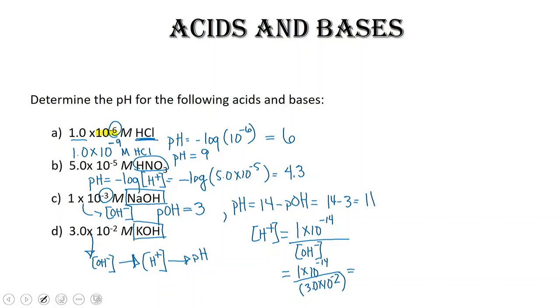What we get here is 3.33 times 10 to the minus 13. So we can say now the pH is equal to the negative log of 3.33 times 10 to the minus 13. And we get 12.48.